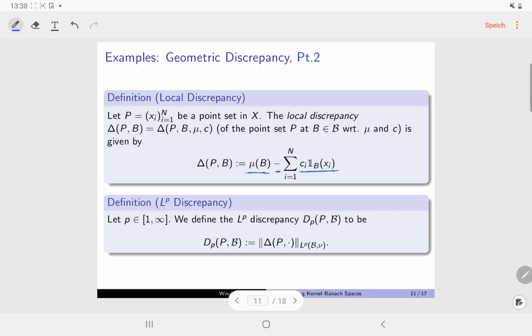And now in our setting, we may treat this local discrepancy as a function of B. And we may consider the LP norm of this function. And this way, we end up with the LP discrepancy or LP geometric discrepancy.